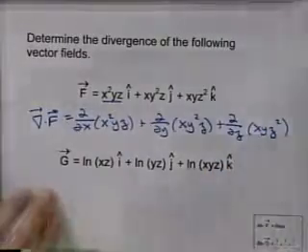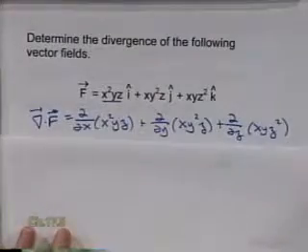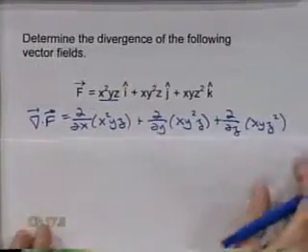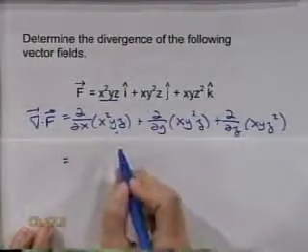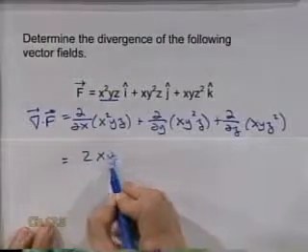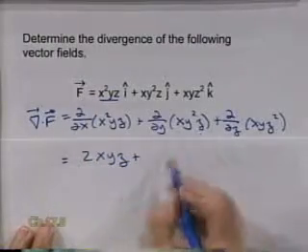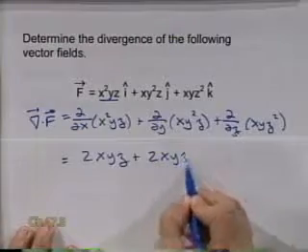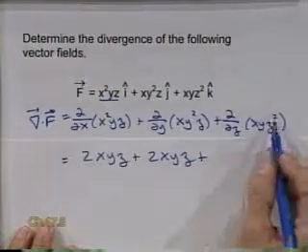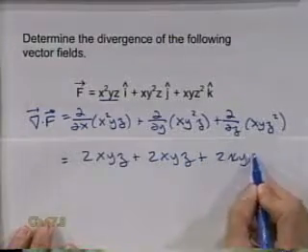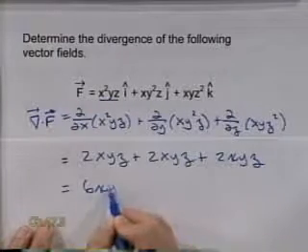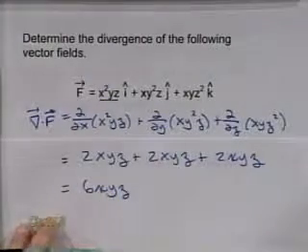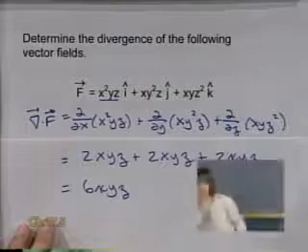That's all you're doing. So let's see. That's going to equal, what's the partial of that with respect to x? 2xyz. What's the partial of that with respect to y? 2xyz. What's the partial of that with respect to z? Oh, 2xyz. So we're going to have 6xyz. It's that easy. Not hard. Okay?